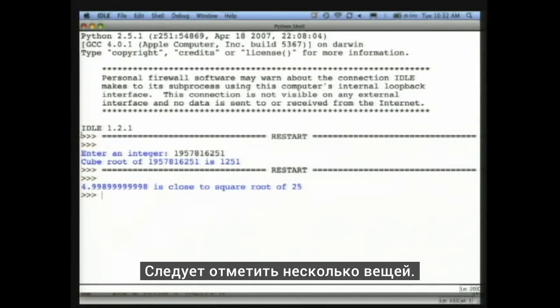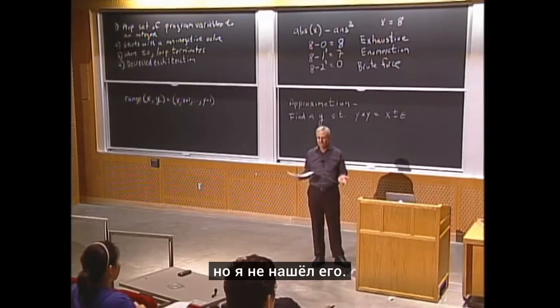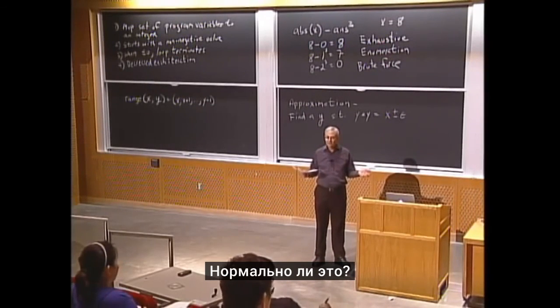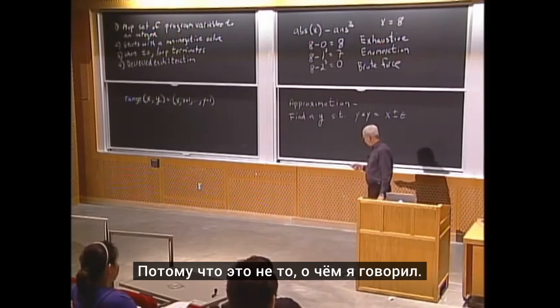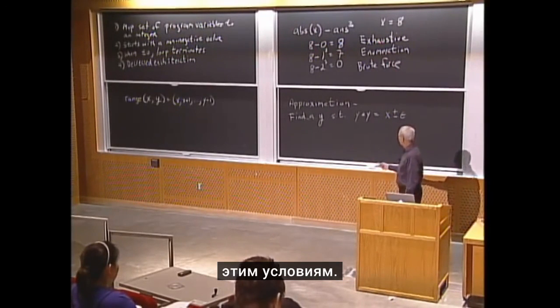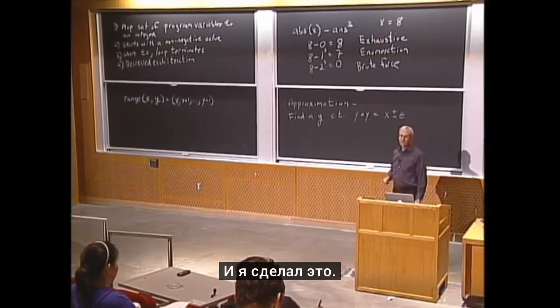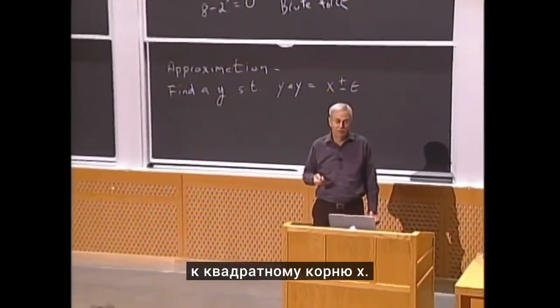So there's some things to note about this. First, it didn't find 5. 25 happens to be a perfect square, yet I didn't find it. Is that okay? Yeah, because that wasn't what I said. What I said is find a y that has these properties over here. And I did. I didn't say find the y that gets closest to the square root of x.